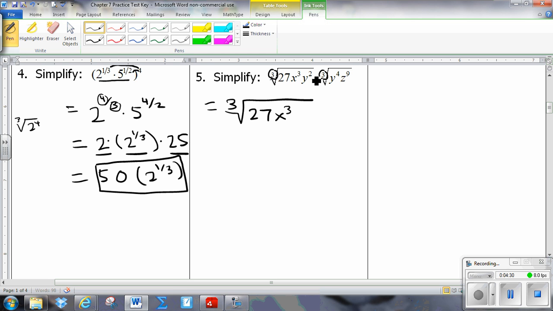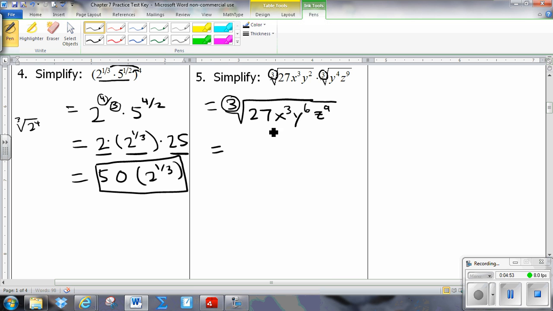I got y squared, which is y times y, and y to the 4th power, which is 4 y's, and then 4 plus another 2 are 6 y's altogether. So y to the 6, and then z to the 9th. There's a z here, no z here, so it's just z to the 9th right there. So cubed means I'm trying to look for 3 of a kind.